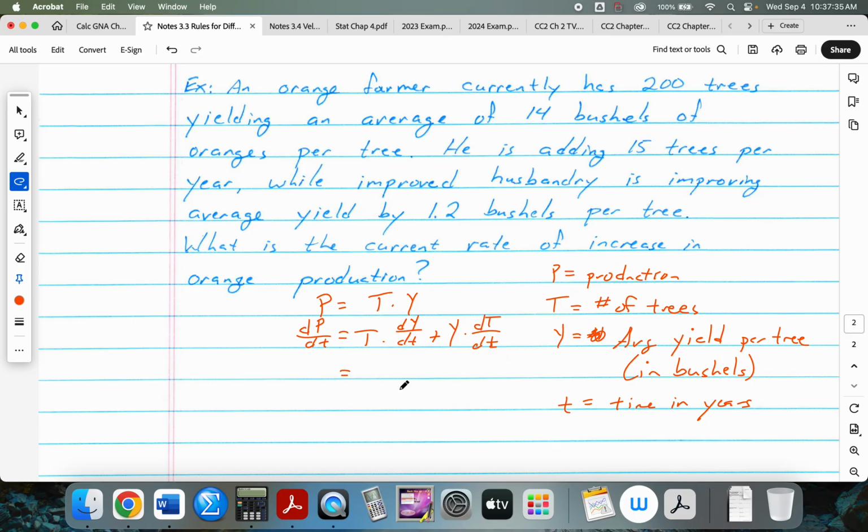So currently it's got 200 trees. Each one of them is going to yield 1.2 more bushels. Plus his current yield is 14, times he's adding 15 trees per year.